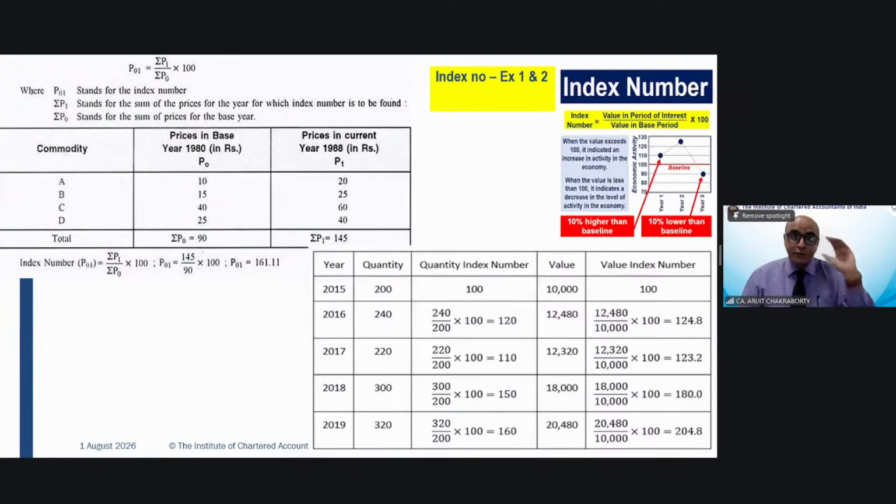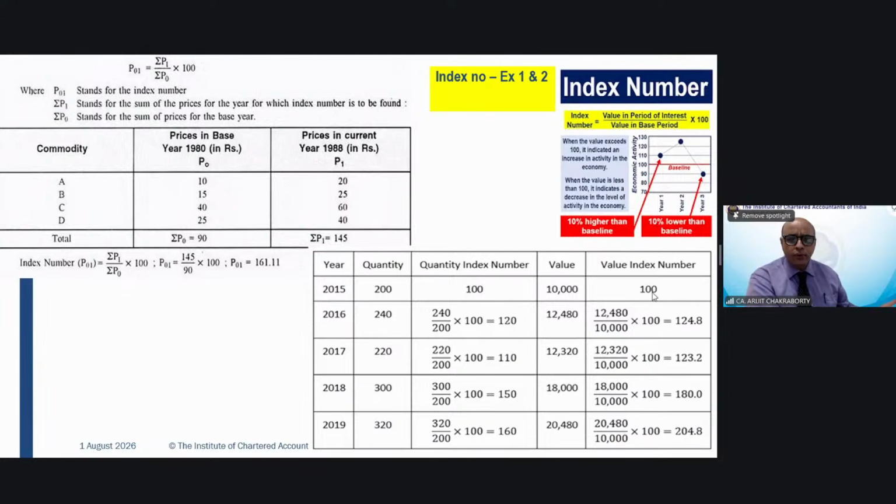Interest here doesn't mean simple interest or compound interest. Interest here means the year where we are concerned with the movement. So what is value index? It is the value in the current year divided by the value in the base year. Here we have seen the calculation of the value index, and we can see the movement in the value index.